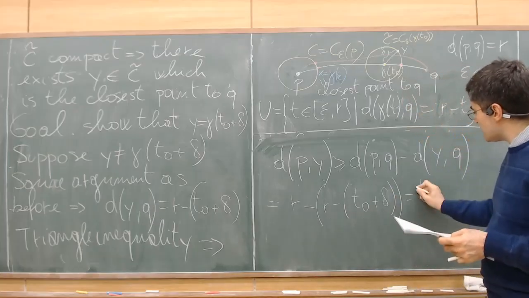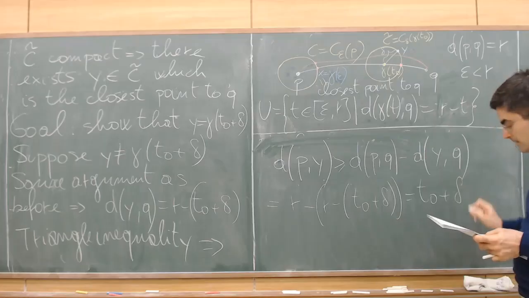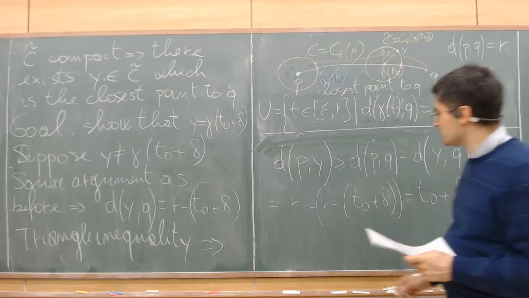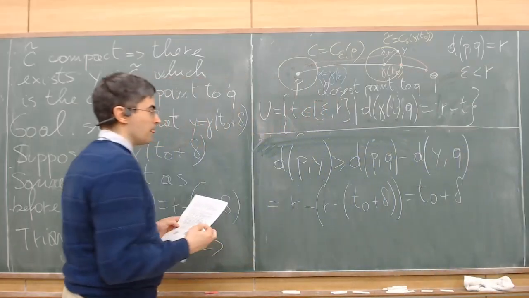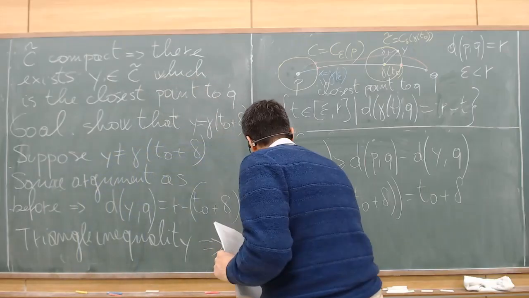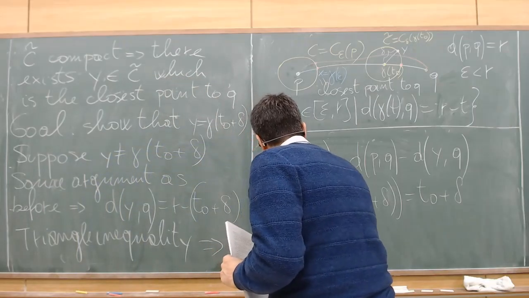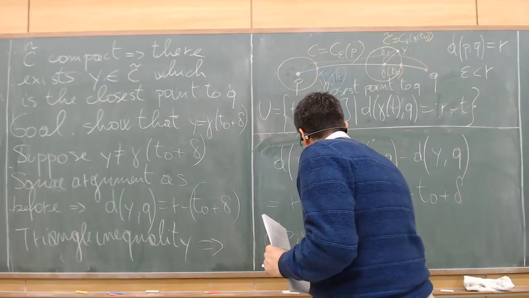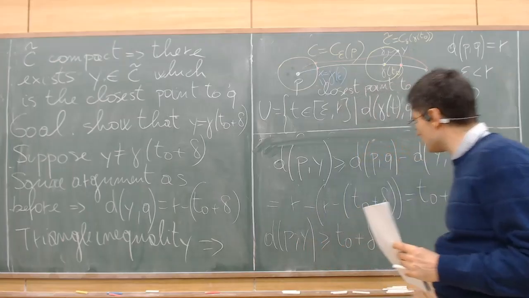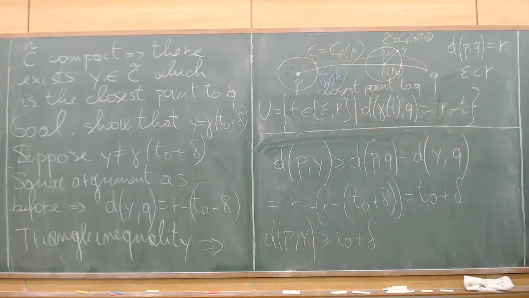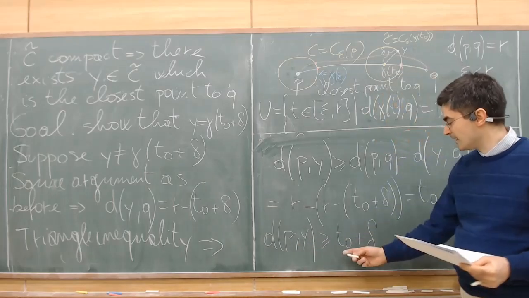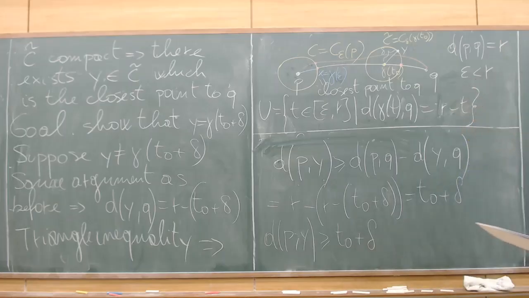And this is T0 plus delta. So this means that the distance between P and Y is larger than T0 plus delta.